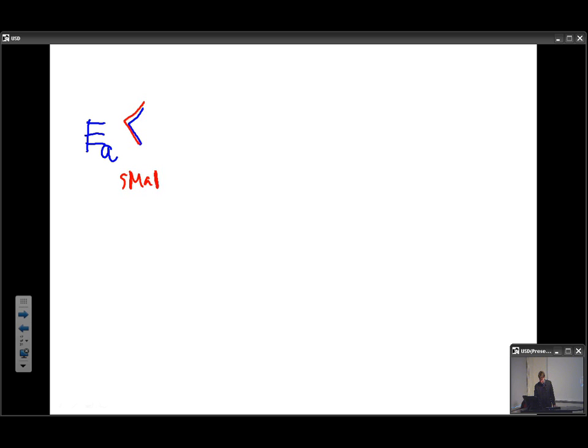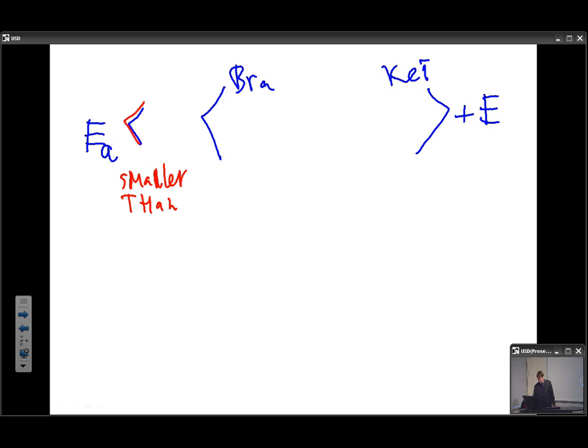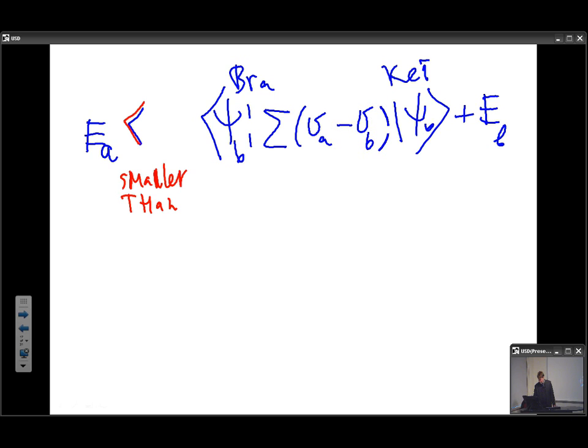Smaller than. Here we are drawing the bra and ket. Here we have a summation of VA minus VB. And in their original derivation, they make a summation over all electrons.